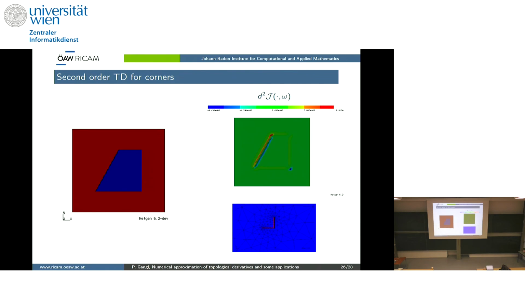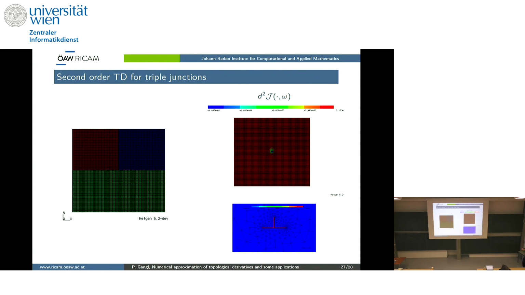And second best option would be this inclusion on the bottom right, which makes sense. Third best option up here, this one. Fourth best option, this one. So in this simple application, it seems to detect the corners very well, which was a nice result for us.